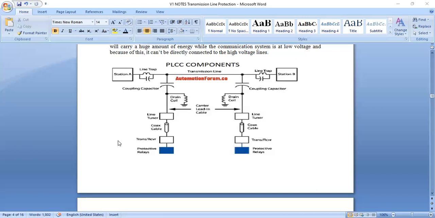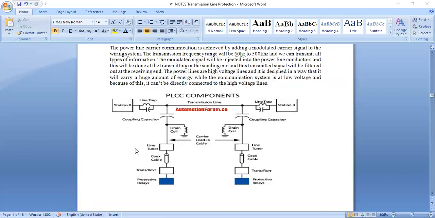This is a very simple diagram of the PLCC components. There are two sections: this is the first section, section A, and that is section B. Then this is the line trap, this is also a line trap, and this is the tuning capacitor.